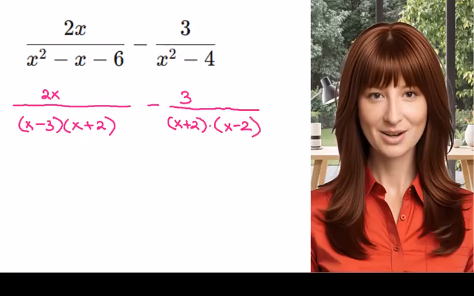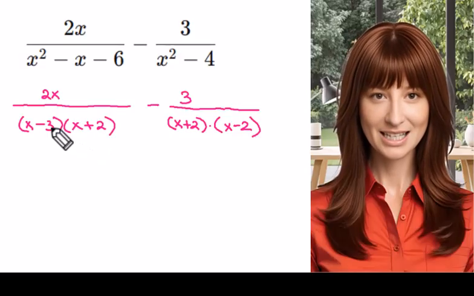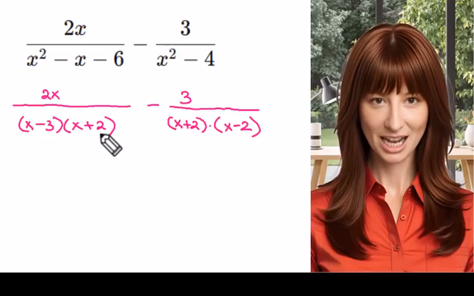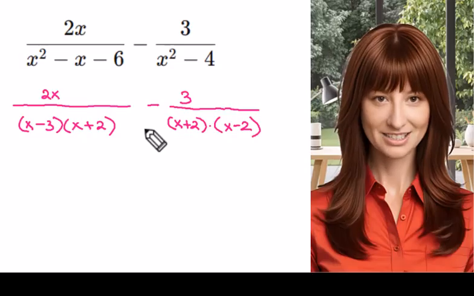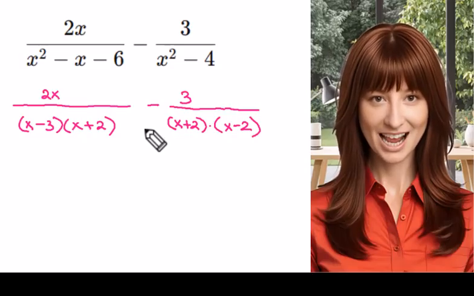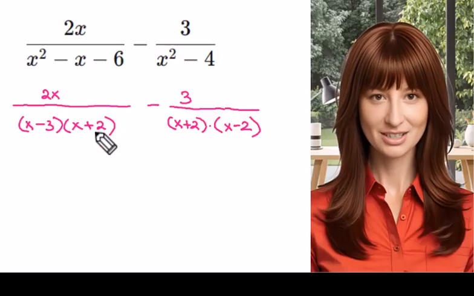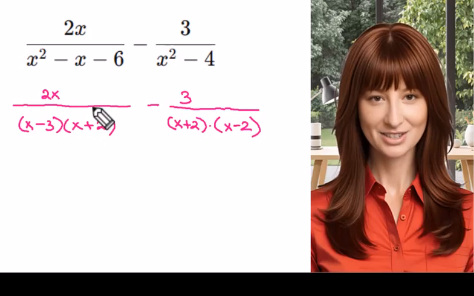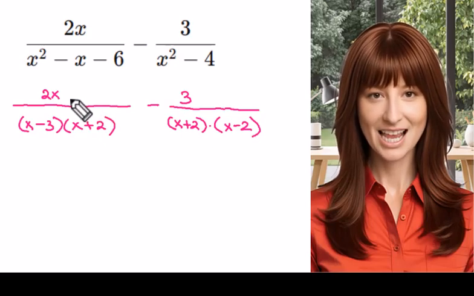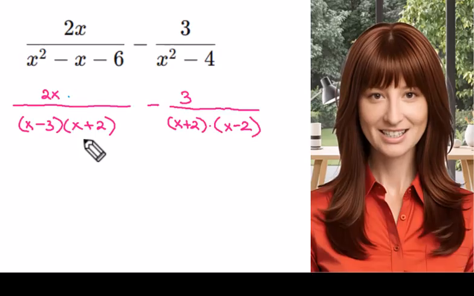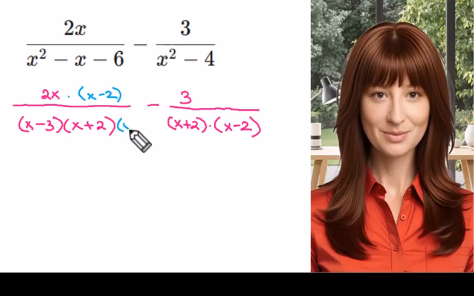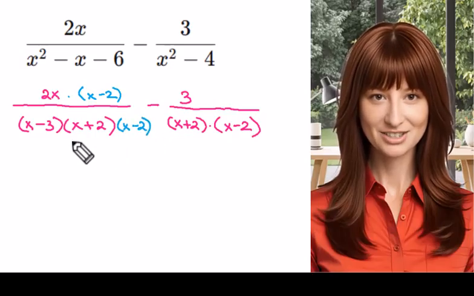Now, the LCD will be the product between x minus 3, x plus 2, which is a common term between these two denominators, and x minus 2. So we have to convert each fraction to a fraction that would have that LCD as the new denominator. So let's multiply the first fraction by what is missing to take us to the LCD. What is missing here is x minus 2, so we're going to multiply both the numerator and the denominator by x minus 2.